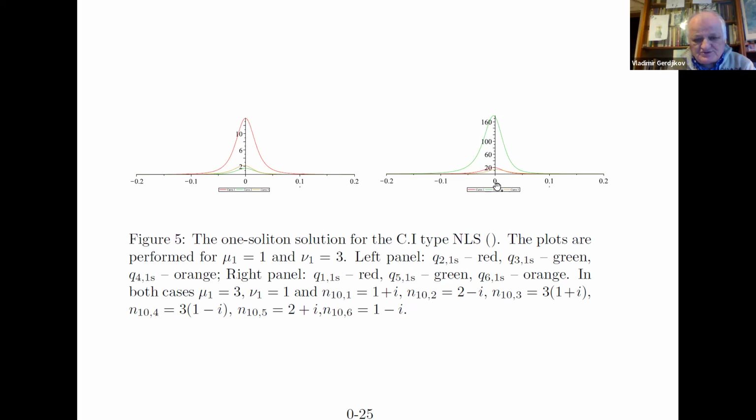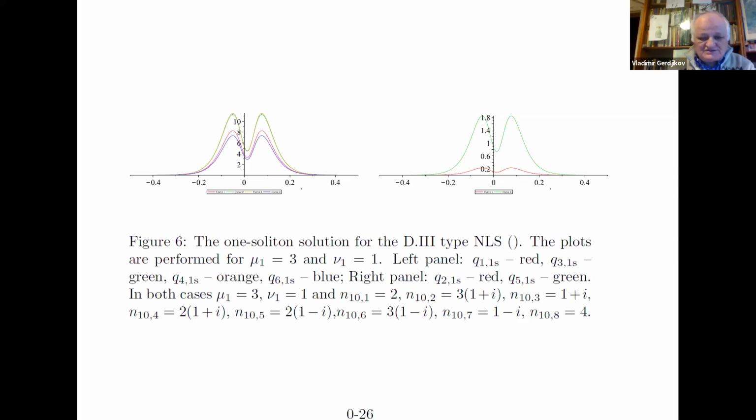I put them on different graphics because the size here is up to 12 or something, while here the maximum reaches 160. So if I put those three functions on top of this, you won't see them at all.